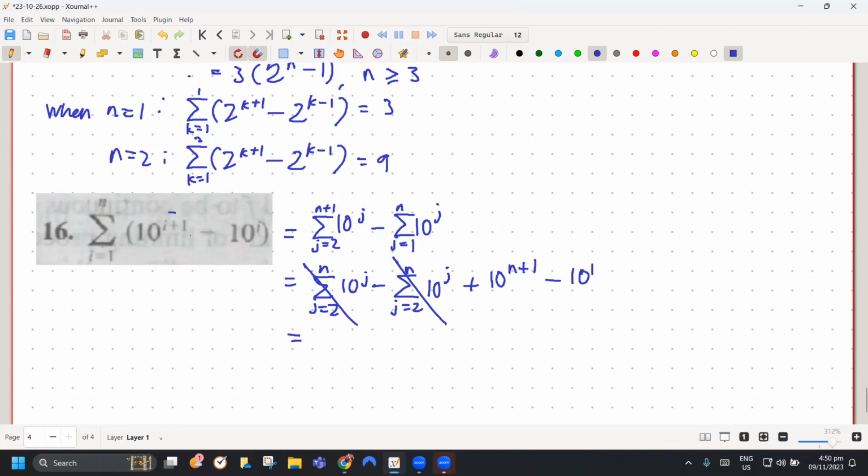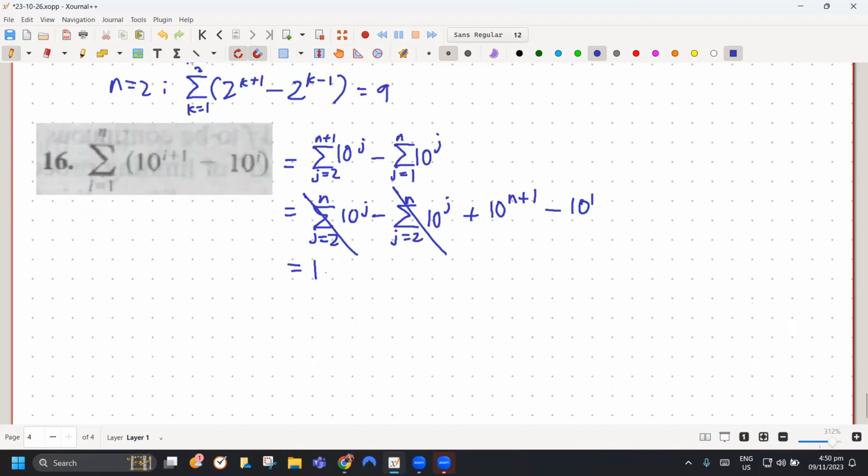So I just need to substitute lang po. Hindi, kailangan talaga tingnan mo, ano yung mga meron in common sa kanila, tapos ano yung mga wala. Okay, so 10 to the n plus 1 minus 10. Sige. Now, let's go do number 17.